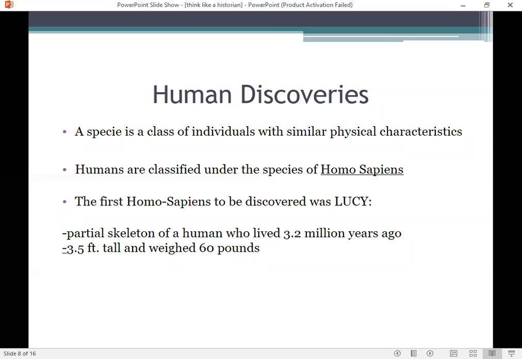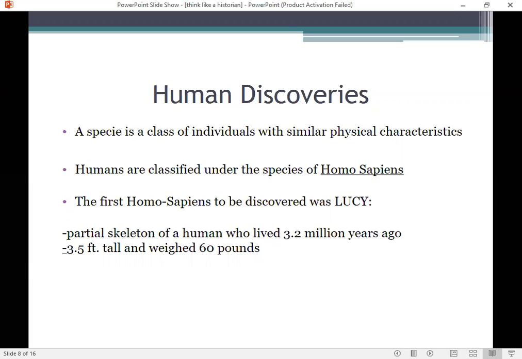The first Homo sapiens to be discovered was Lucy. It was a partial skeleton, part of a skeleton. They did not discover the whole skeleton, only part of it. This skeleton belonged to a lady in her late 20s, mid 30s. She lived 3.2 million years ago, in the period of prehistory.